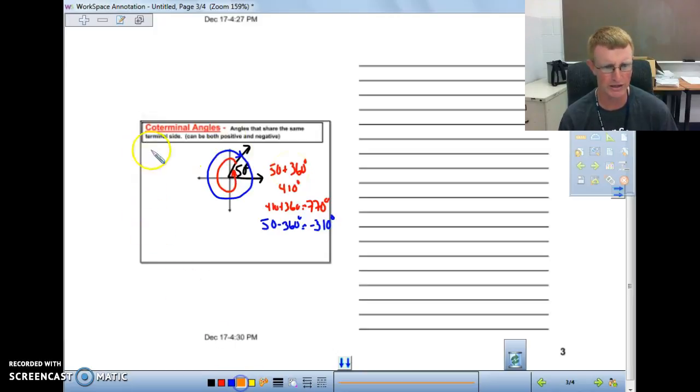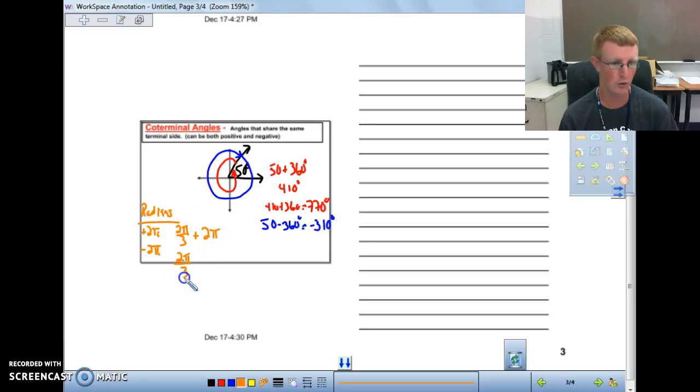Now, dealing with radians, it is done the exact same way, except you have to remember that we're not dealing with degrees anymore. So what's a full circle for radians? Well, a full circle for radians is going to be plus 2 pi or minus 2 pi. So for example, if we had 2 pi over 3 and we wanted to add 2 pi to that, we need to make sure we find a common denominator, so the denominator needs to be 3.